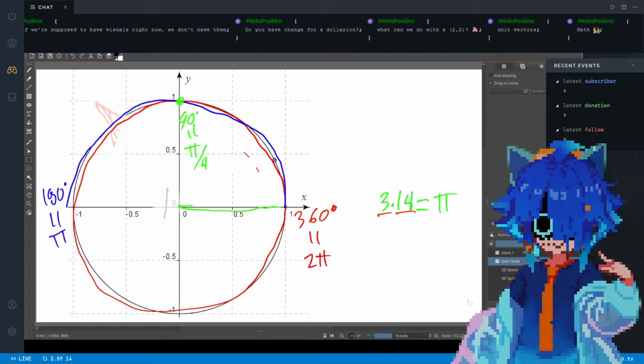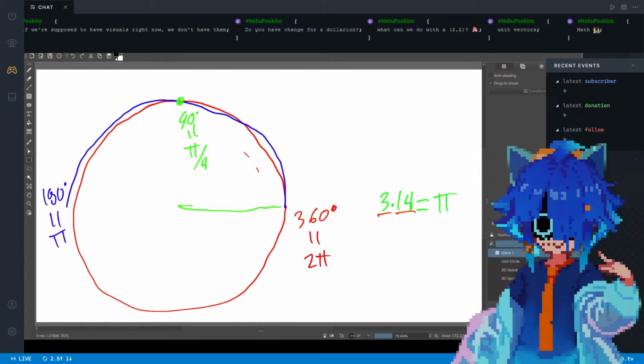So, how do we do rotations? It's now time to bring up some scary thing called a matrix.